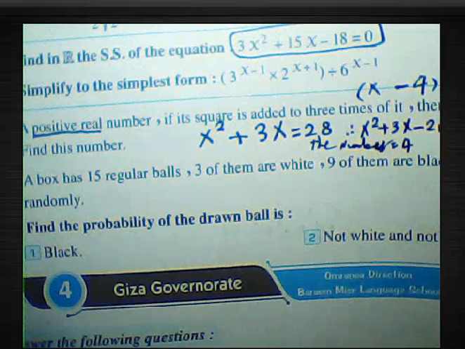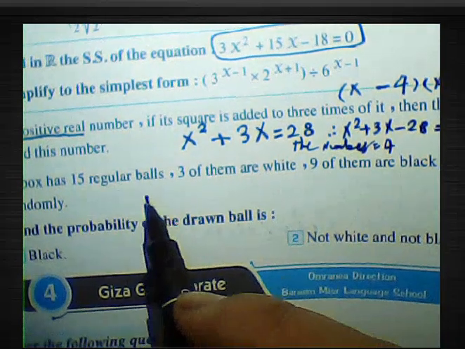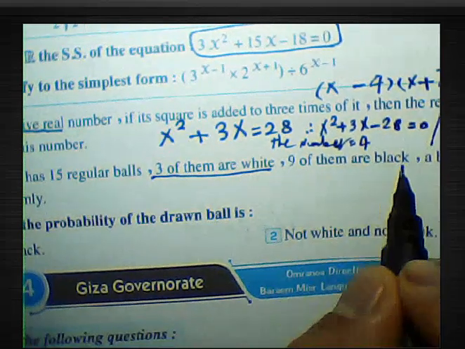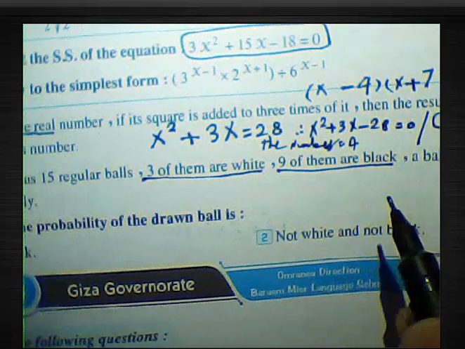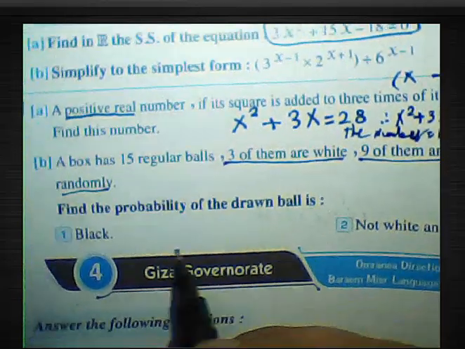Question letter B. A box has 15 regular balls. 3 of them are white. 9 of them are black. A ball is drawn randomly. Find the probability of drawing a black ball.